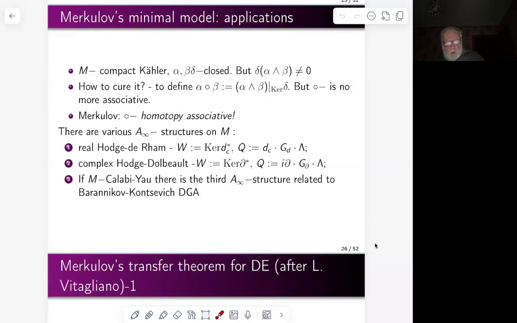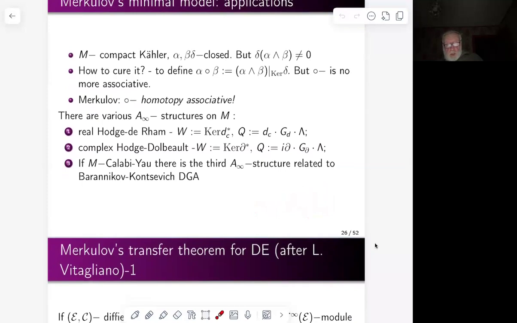I will not go into details, but this third A infinity structure relates to the so-called Barannikov-Kontsevich DGA, which, for those who like Kontsevich formality, is defined on the exterior algebra of TM tensor exterior algebra of omega 1 of M. In this complex you have all necessary structures which come from this Calabi-Yau, and on this DGA we have an A infinity algebra structure as well.